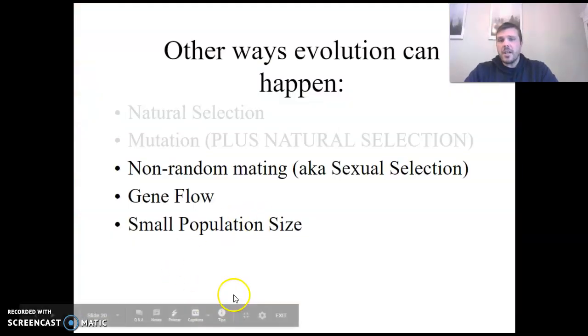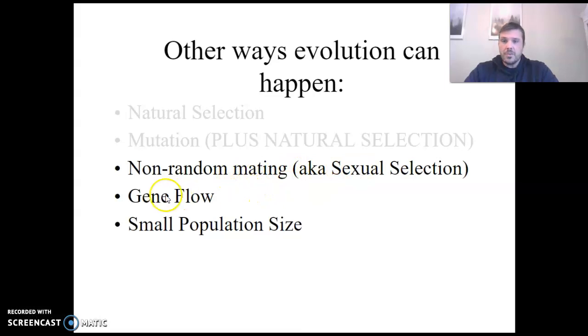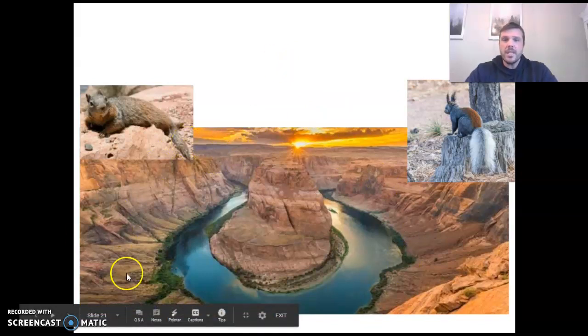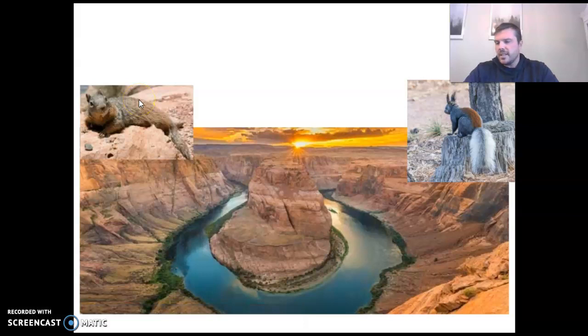And then we're going to talk kind of all at the same time about the next two ideas. So that's the non-random mating, sexual selection. So we're going to talk about gene flow and small population size now. So I want to use one of my favorite examples. We're going to pretend that this is the Grand Canyon here. And on one side of the Grand Canyon, we have the Abert squirrel, which is kind of like a little bit different than our gray squirrel, but largely the same.